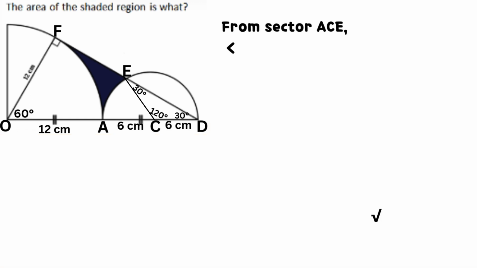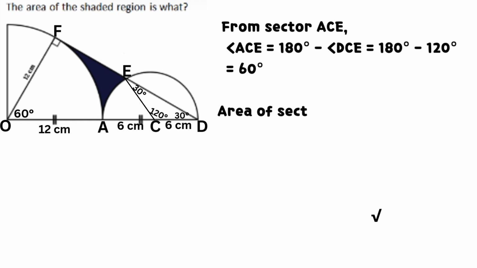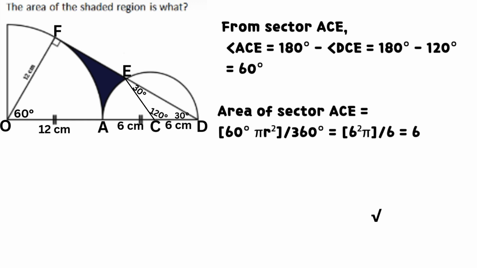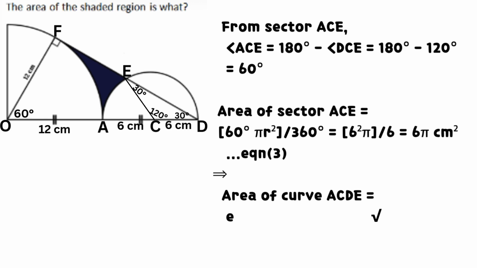From sector ACE, angle ACE equals 180 degrees minus angle DCE, which equals 60 degrees. Area of sector ACE equals the product of 60 degrees and pi times the square of r, all divided by 360 degrees, which equals the product of 6 and pi in square centimeters.